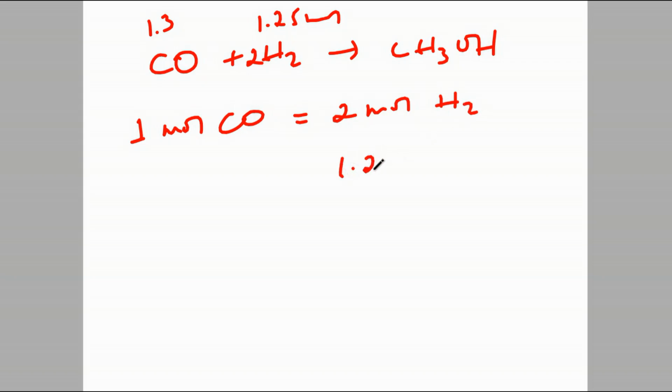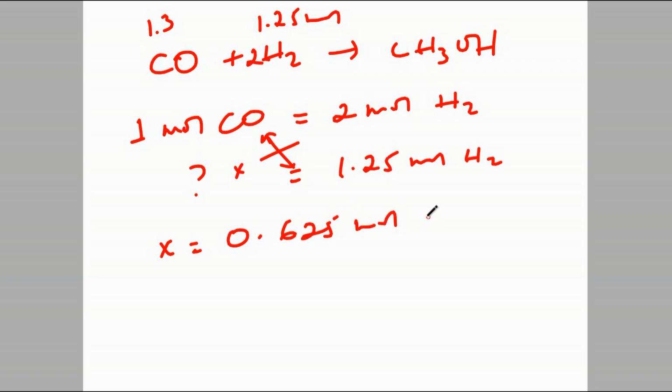So if I have 1.25 moles of hydrogen, how many moles of carbon monoxide reacts with this amount? Let this be x. Now solving for x, you'll get 0.625 moles of carbon monoxide. 0.625 moles of carbon monoxide is needed to react completely with 1.25 moles of hydrogen.